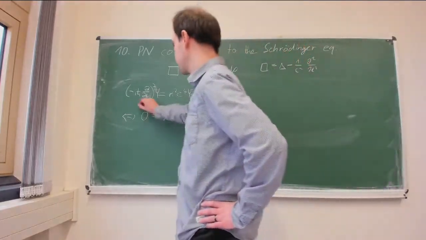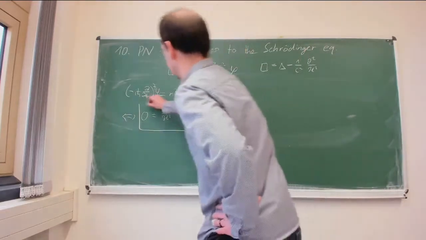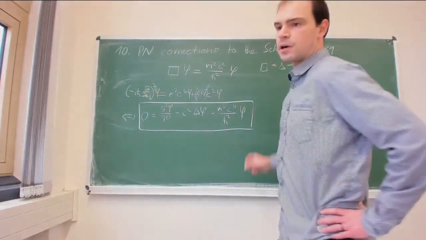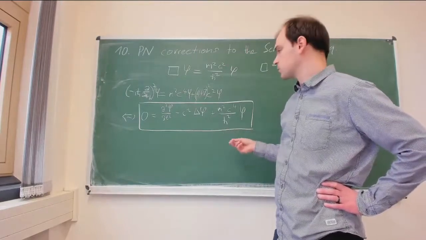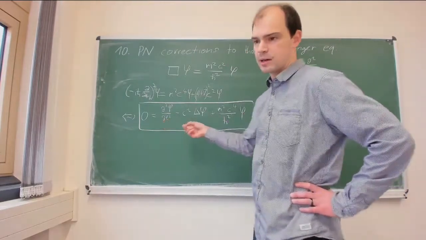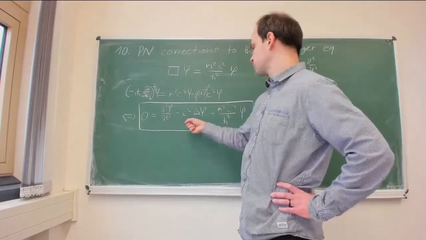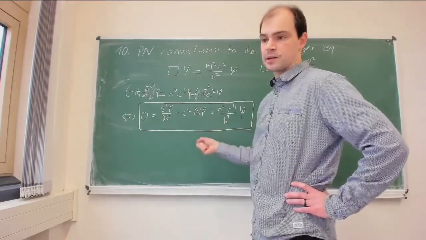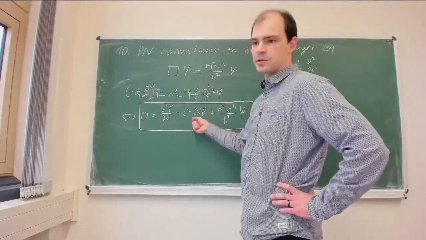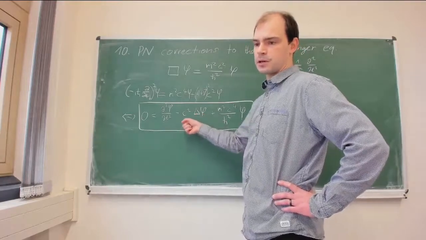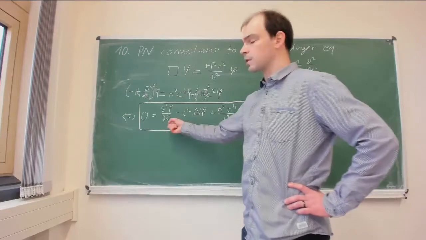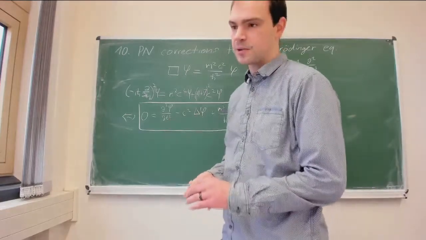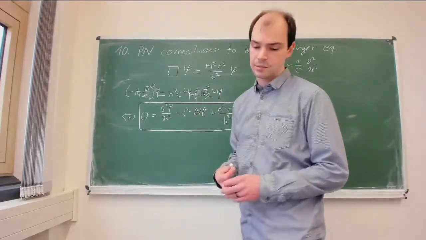But for our purpose, this explicit form of the Klein-Gordon equation is actually more useful, where we already have the separation of the different powers of c squared, because the spatial derivatives appear with a different power at a different order in c squared than the time derivatives, and this will prove important if we take the non-relativistic limit.